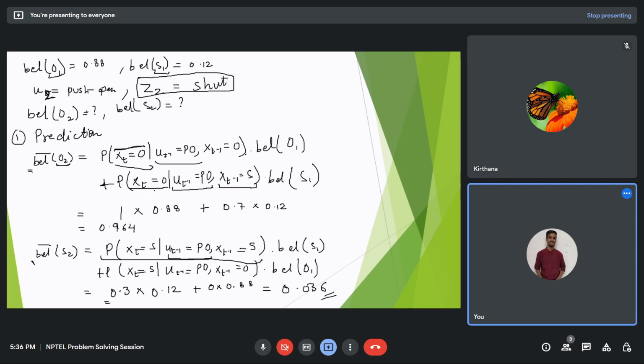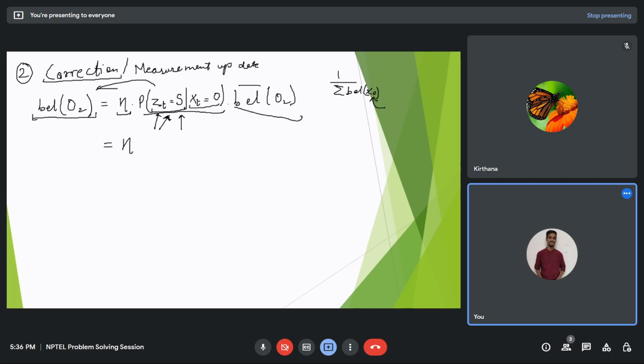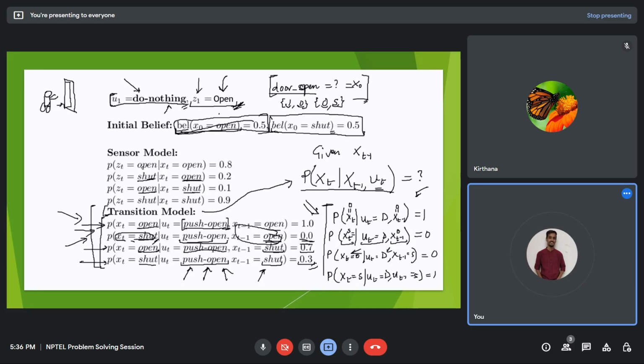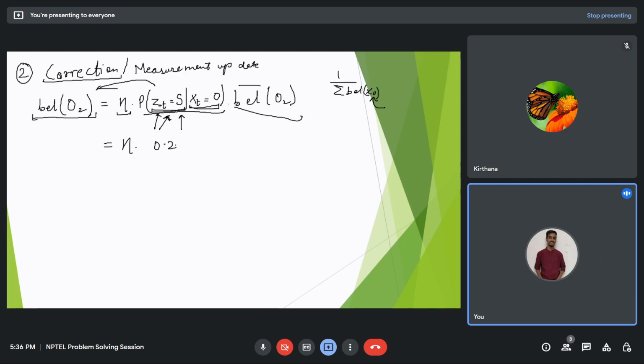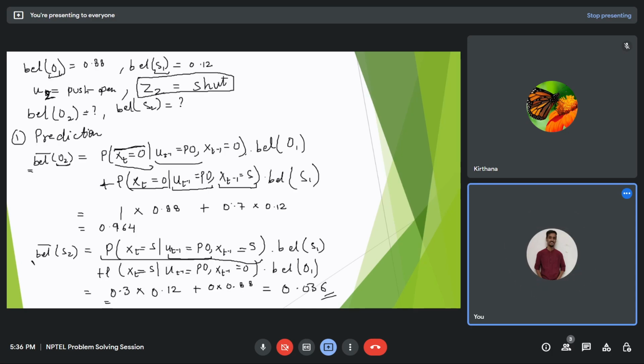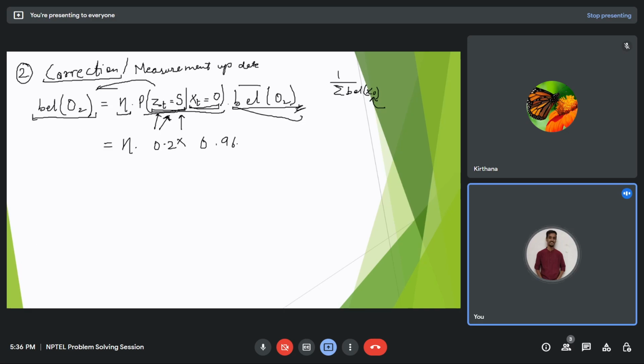So what we get here is the probability that the sensor reports shut when it is actually open, that is 0.2, multiplied by the predicted belief for the door to be open, that is 0.964.